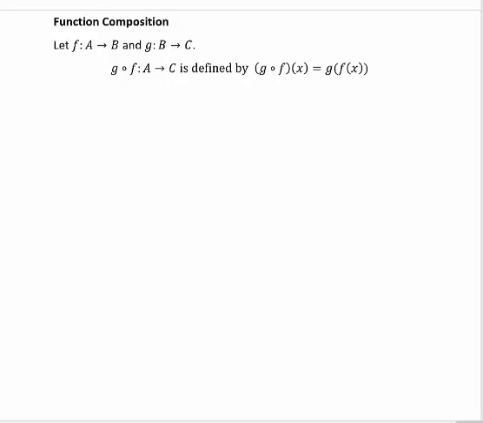Function composition is something I know that you have a good knowledge of, but let's draw a picture this way and think of it as a mapping.